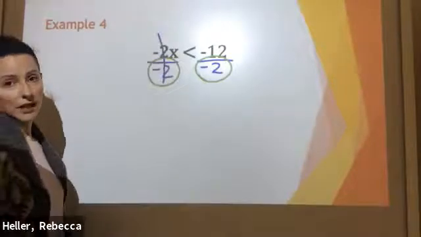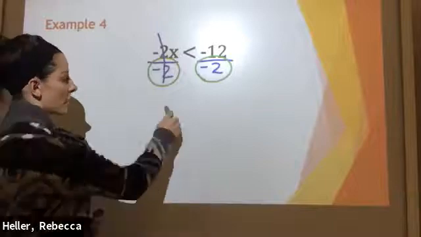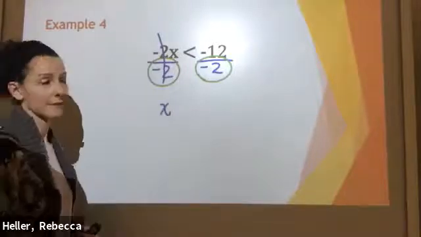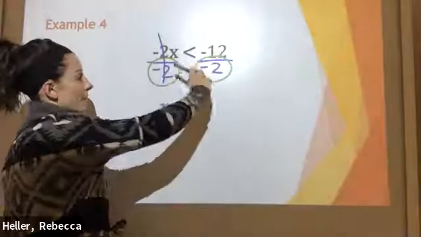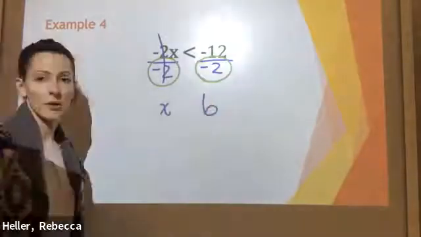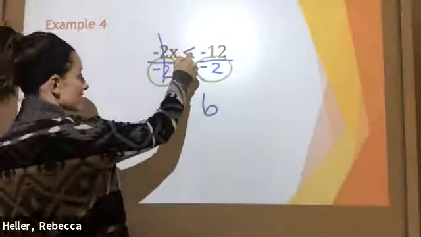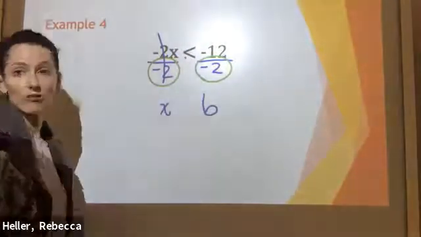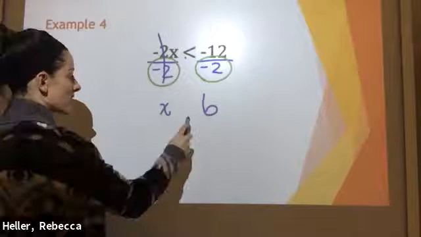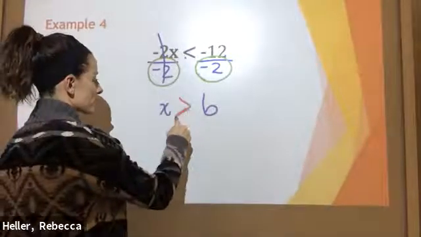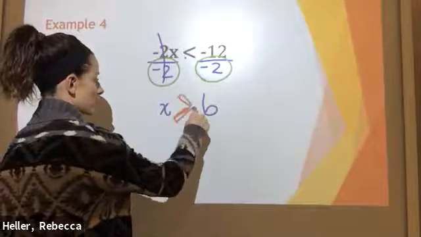-2 divided by -2 cancels to just a positive x, 1x. -12 divided by -2 gives us a positive 6. And instead of a less than symbol, I'm going to do this really big and bold and in red. It reverses to a greater than symbol.